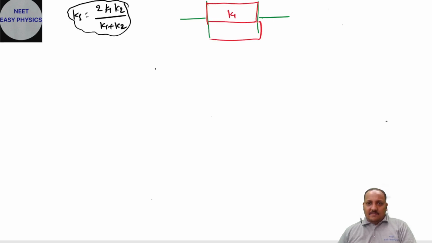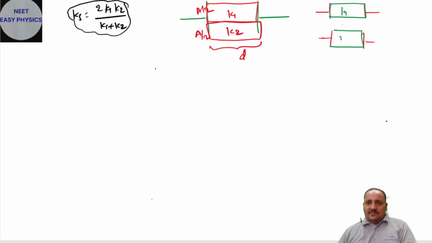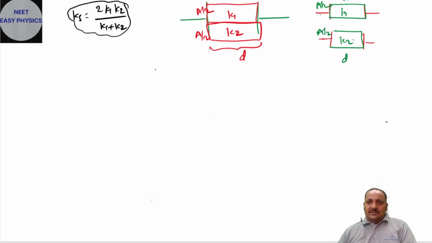Now the same dielectrics, if they are placed like this, K1 and K2, with separation D and area A by 2 each. If you divide it, it will look like this: this is K1, this is K2, A by 2, A by 2, D. Correct?